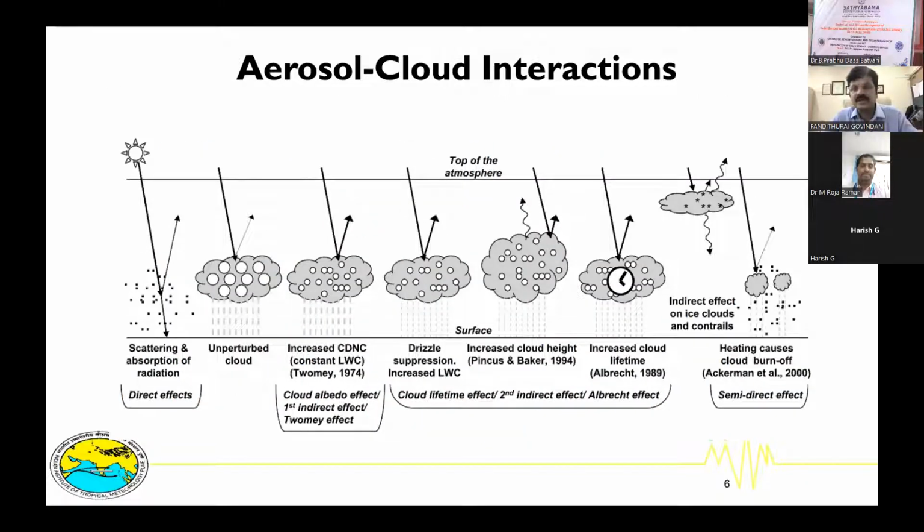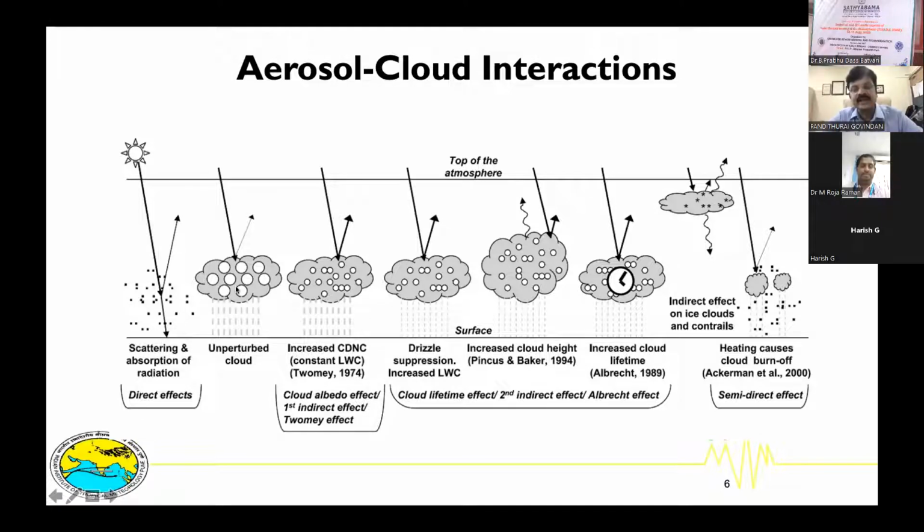So coming to the aerosol cloud interactions, I think in the morning Dr. Ravi Kiran gave a nice overview, which made my job relatively simple. So the direct effect is due to scattering and absorption. It can reduce the solar radiation reaching the surface, so aerosols can cool the climate system.